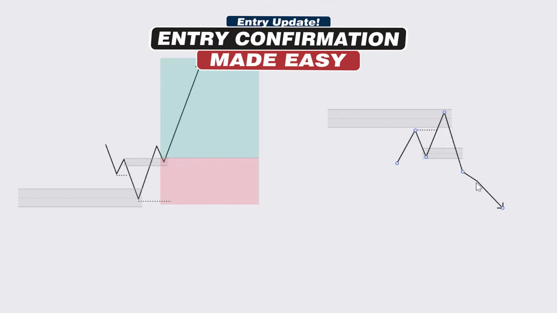This is what price is going to look like when it breaks the demand level. So all you have to do is wait for price to come back and retest the level. Once we have the retest, you just enter from there, with stop loss above this particular high. The next thing is projecting your profit target and expecting price to get to your target.